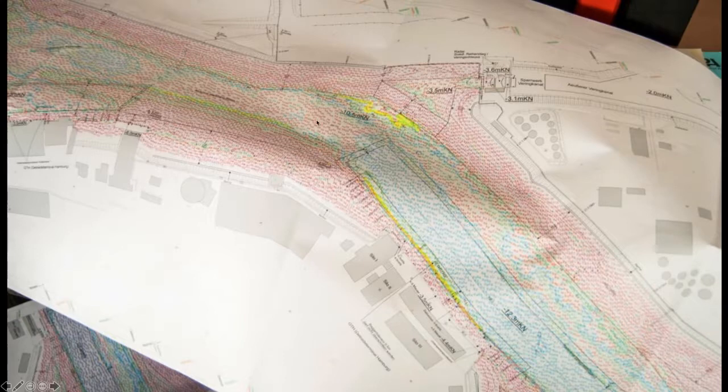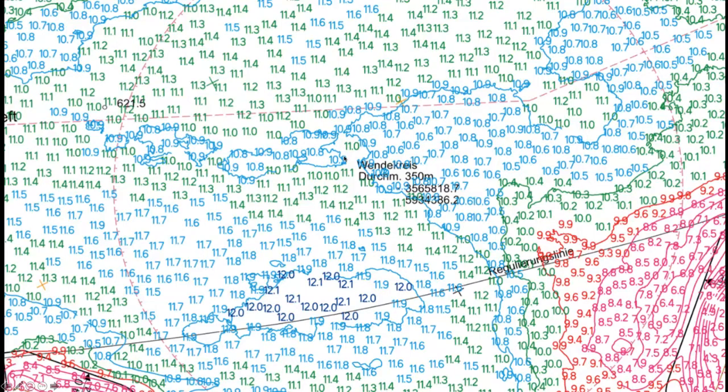If we zoom in, then we can see that the colorful stuff that we can see here, those are numbers, so-called depth numbers. So at this point here, we have 11.5 meters from the top of the water to the bottom of the river. 11.5 meters here, 11.5 meters there, that's 11.4.